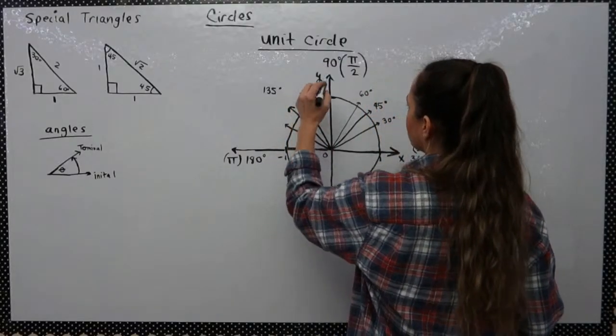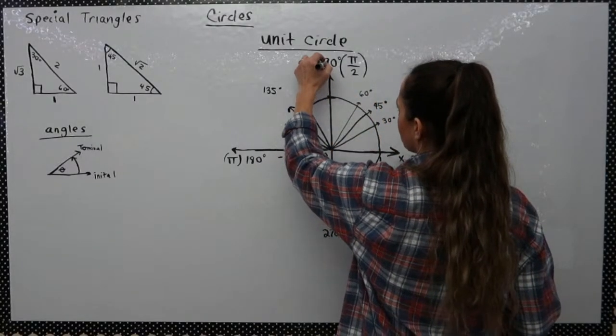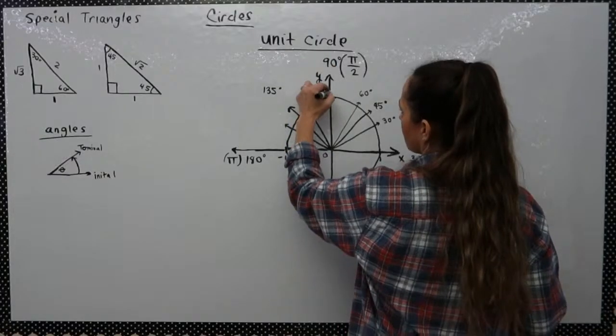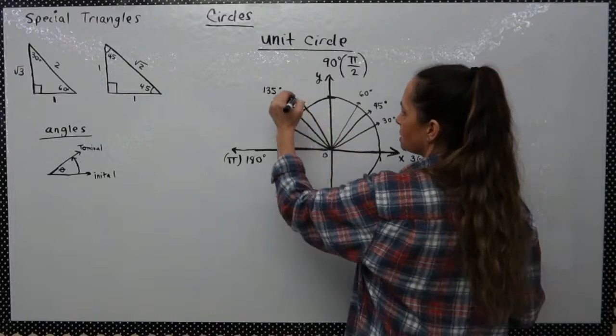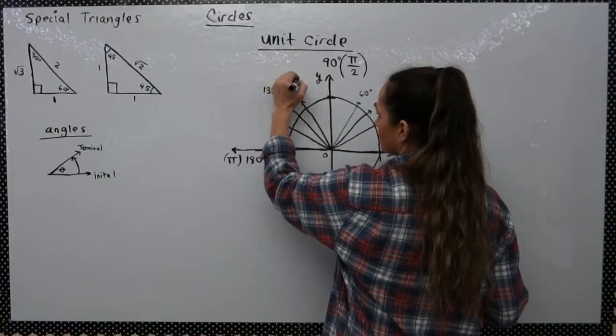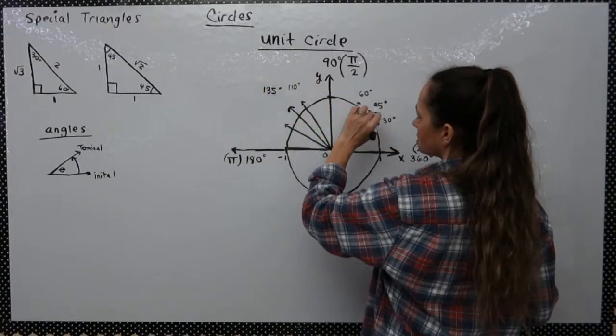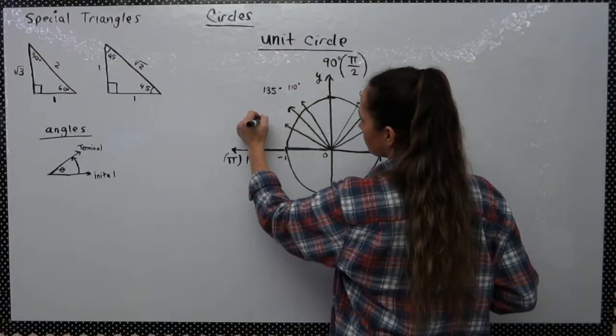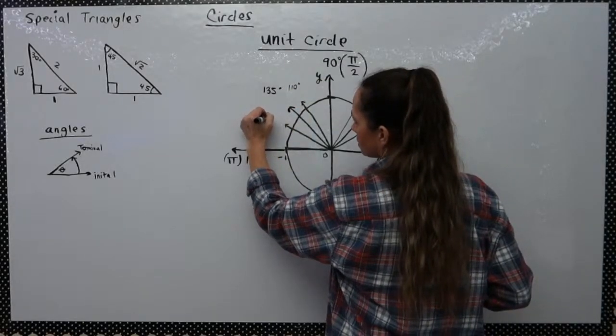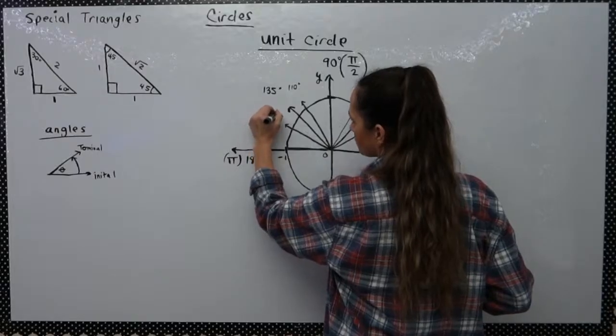And so I'm going to find the 30-degree counterpart by just adding 30 to 90. So 90 plus 30 is 110. And then we have plus 60. 90 plus 60 would be 150. Oops.